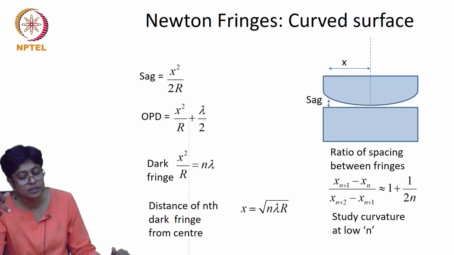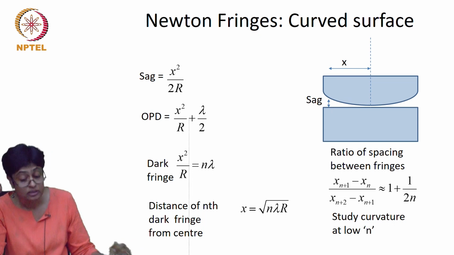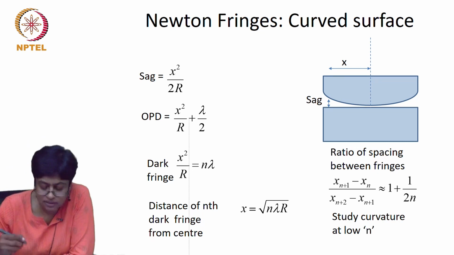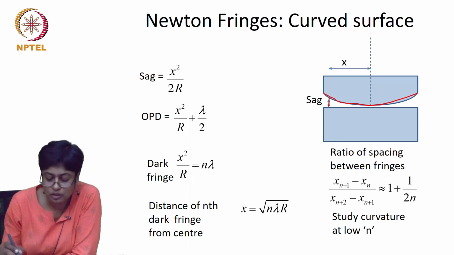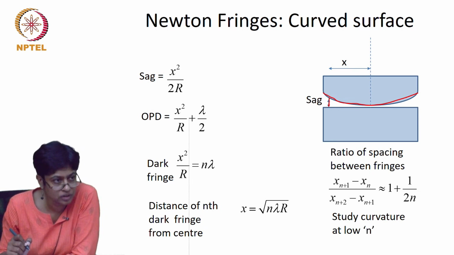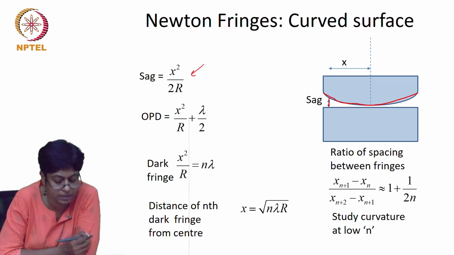Okay. So, what happens if my device under test, the element under test, is not a flat but a curved element? Say you are making a convex lens. What do the fringes look like over here? Again it is always controlled by this path length difference, and I can calculate, if this is part of a sphere, then the sag is going to be determined by the radius of curvature of the sphere and the location from the center by this expression.